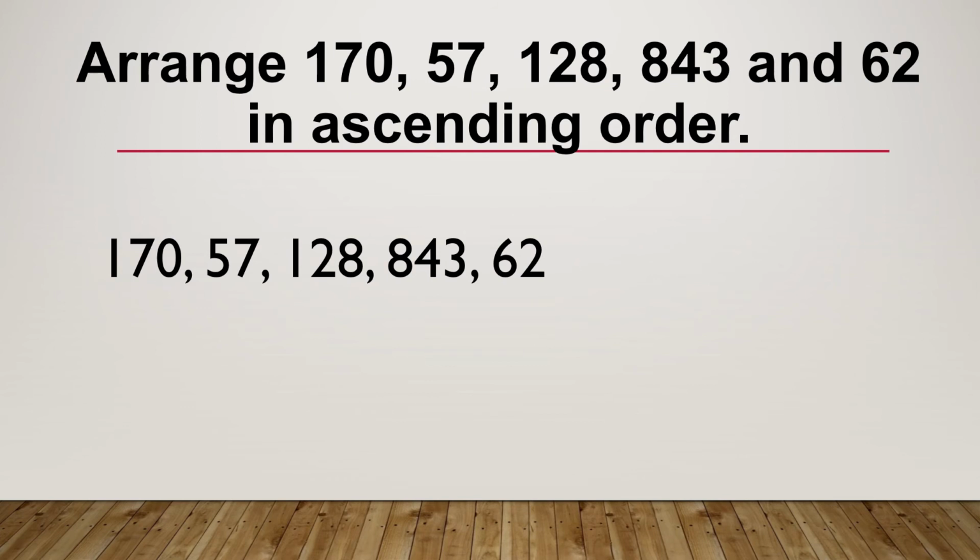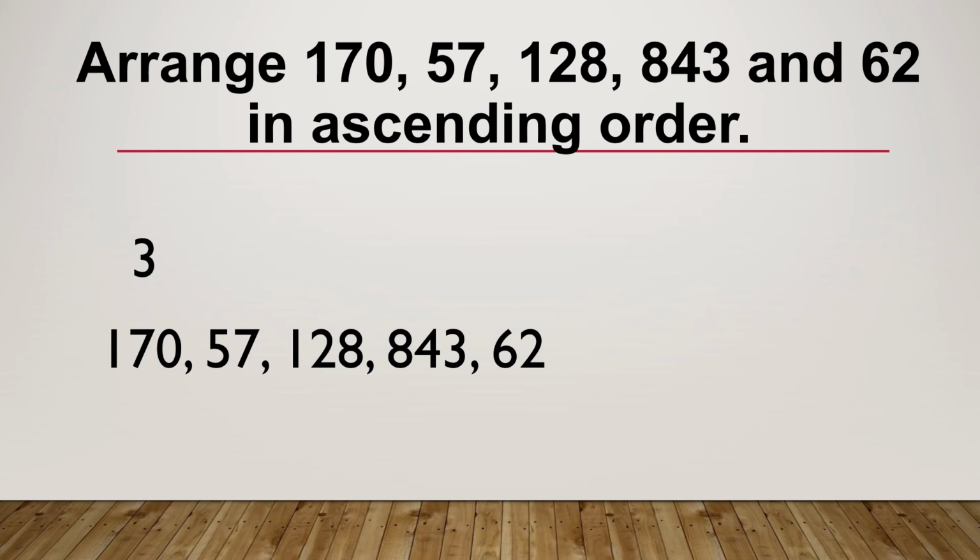So first count the digits. In 170 how many digits are there? 3 digits. 57, 2 digits. And in 128 there are 3 digits. 843, there are 3 digits. And in 62 there are 2 digits.